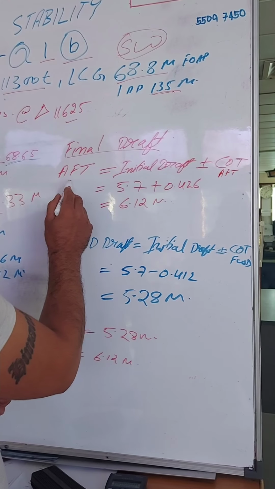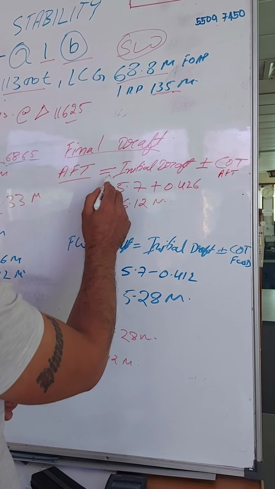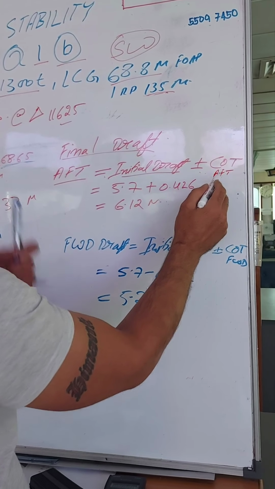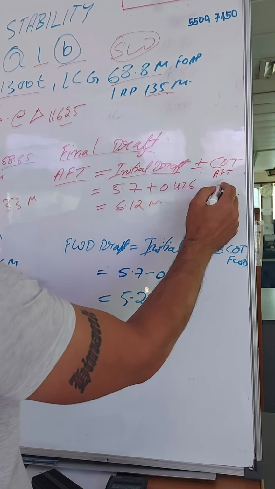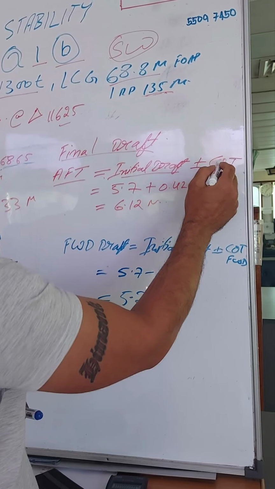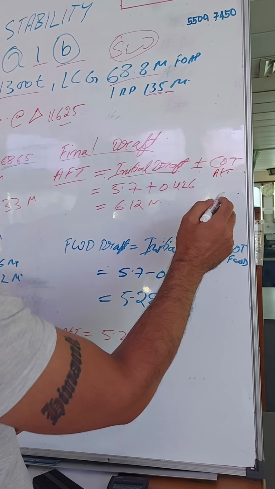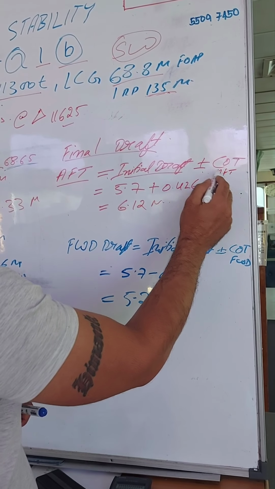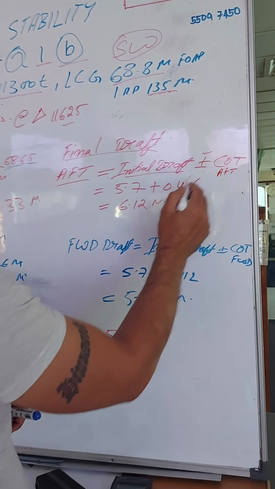Final draft is equal to initial draft plus minus change of trim. Plus minus: if vessel is down by head, that time minus, if down by stern, then plus.